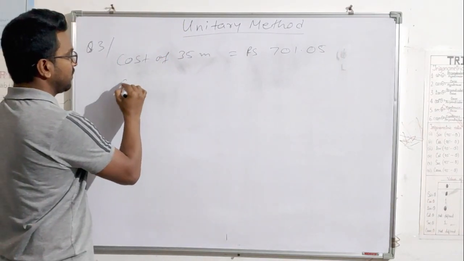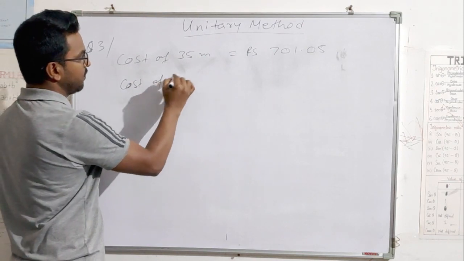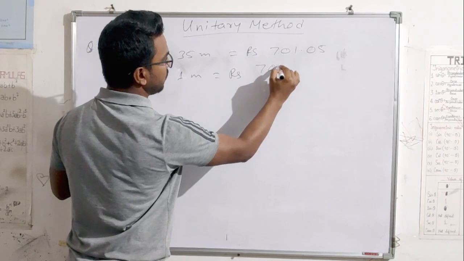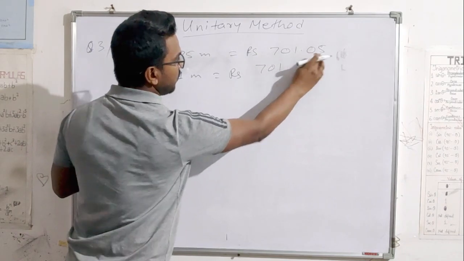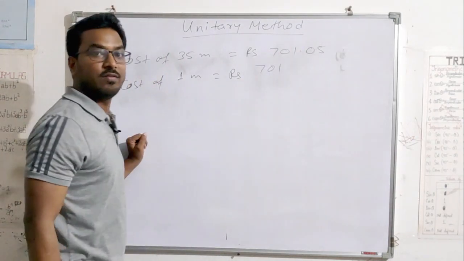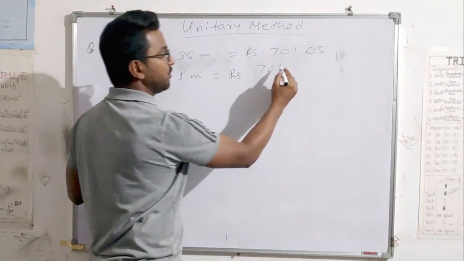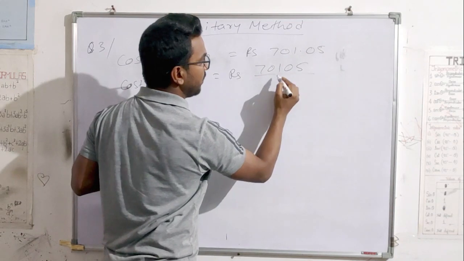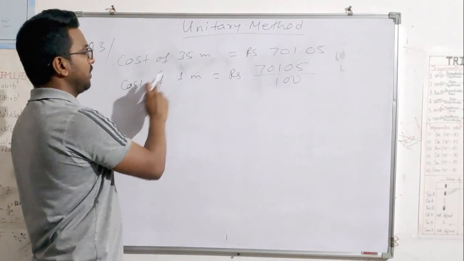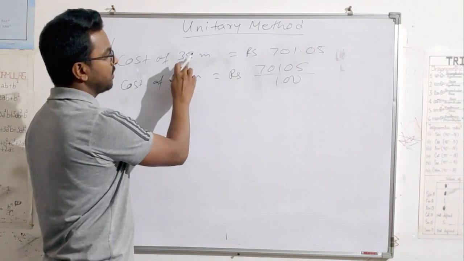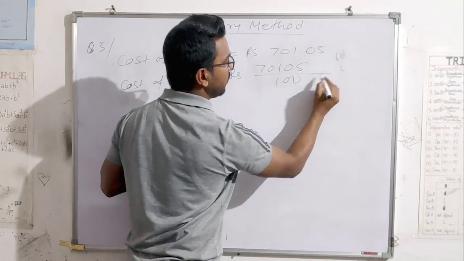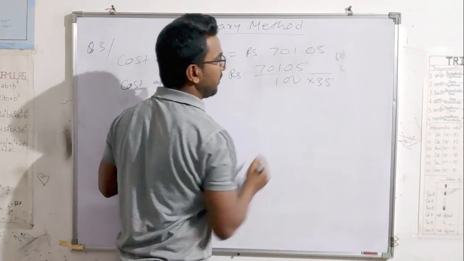So the cost of 1 meter is equal to rupees 701.05. This one is in decimal, so we'll convert it into a fraction. So this will become 70105 divided by 100. Now for the cost of 1 meter, you have to divide this by 35. So what we'll do, we'll divide by 35.